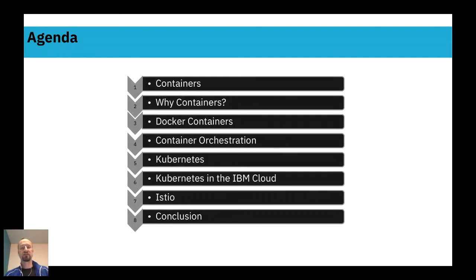So our agenda is about containers, why we want to do it, and what are the technologies that are being used, how it started, and what do we have now for orchestrating larger systems, and what IBM is doing with containers. And we will speak a little bit about Istio, and we'll have a summary at the end.